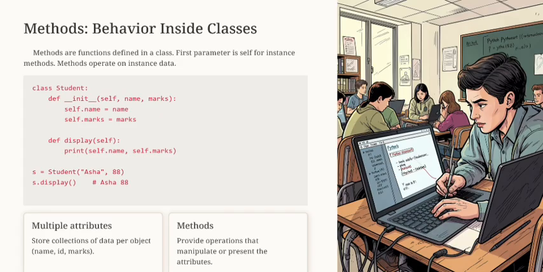So how do methods work? Let's understand this execution. When we write s.display(), Python internally passes the object: Student.display(s). The self parameter receives the object reference. That is why methods can access attributes.